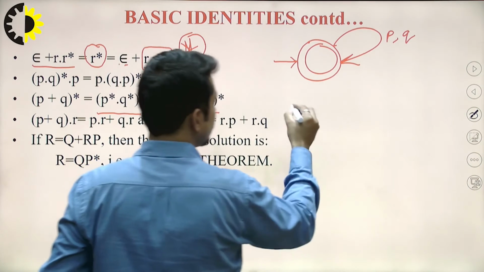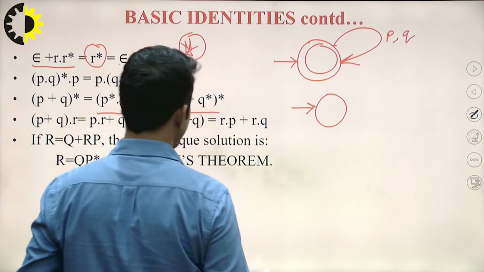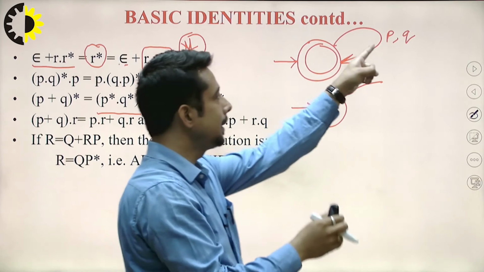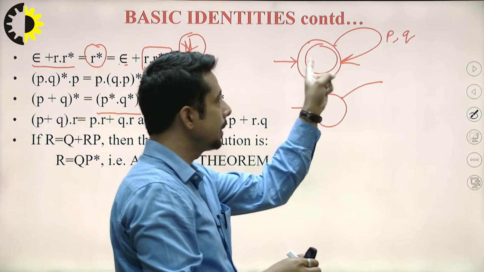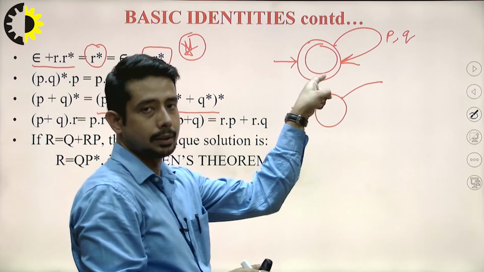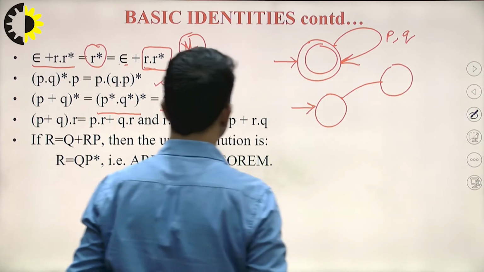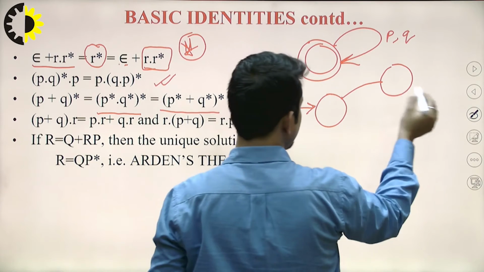That we are having a state, okay, and this means what? P and Q are having a self loop coming out of this state and going into the same state. Correct? So we can take one more state, and we can do like this.